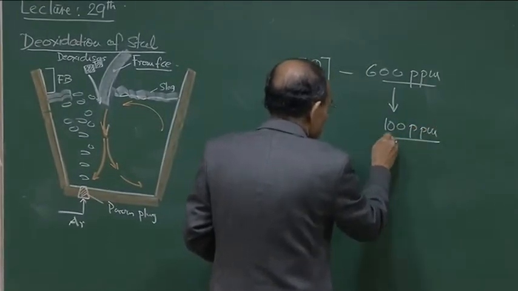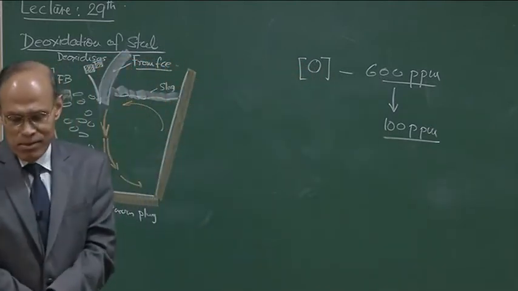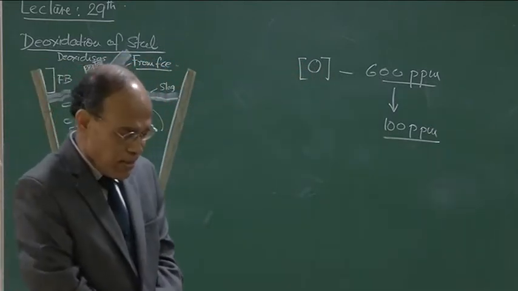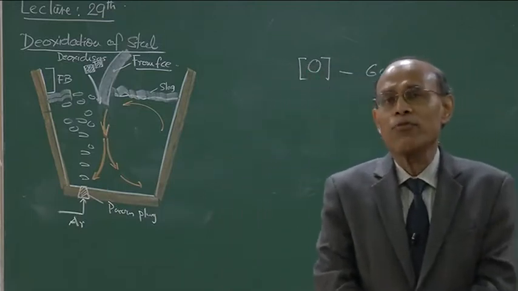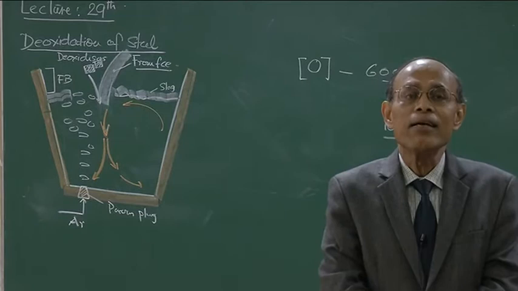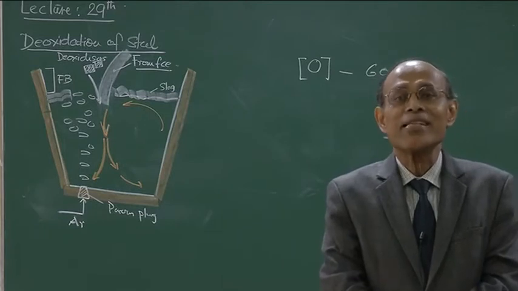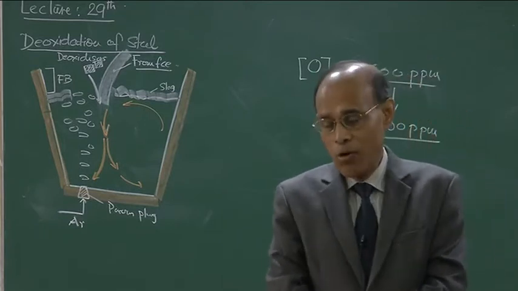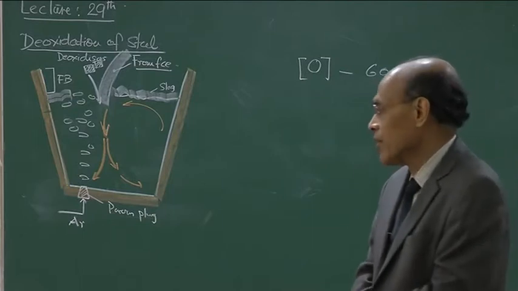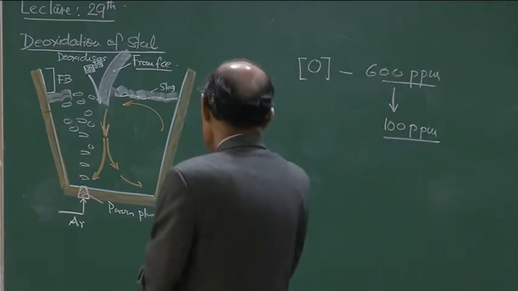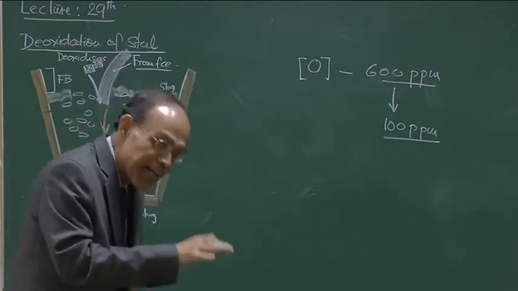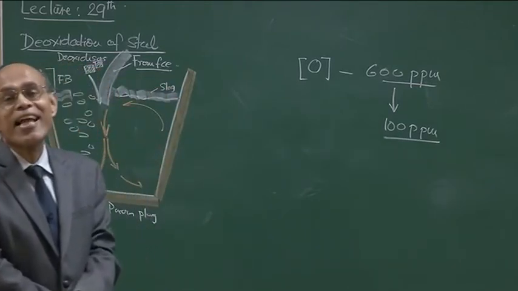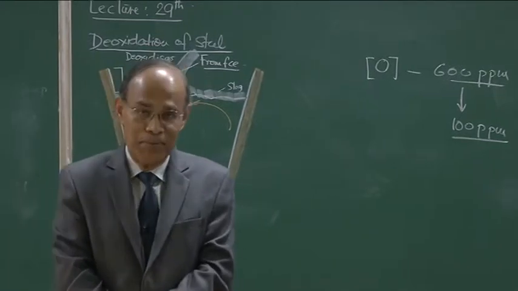If you look at the guidelines for addition of deoxidizer elements, they can be obtained from the Ellingham diagram, where we see which elements have increased capability to react with oxygen. Those lines which are lower in the Ellingham diagram indicate that the resultant oxides are extremely stable.